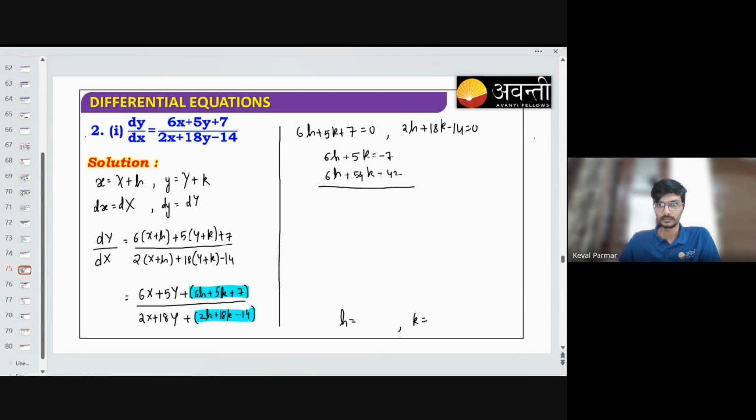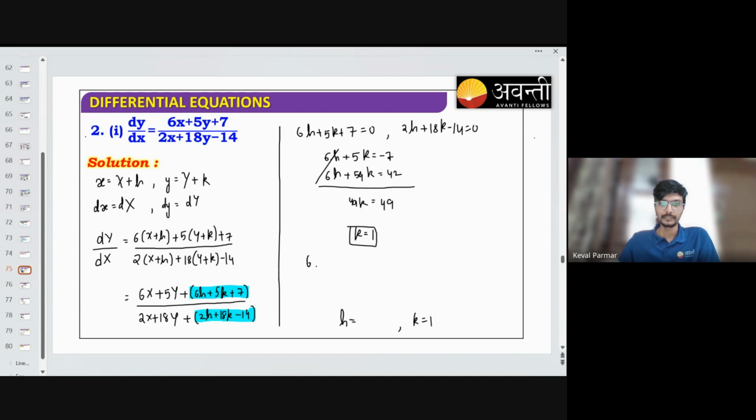Now I'll subtract. This will get cancelled. I'll get 49k equals 49. That means k is 1.